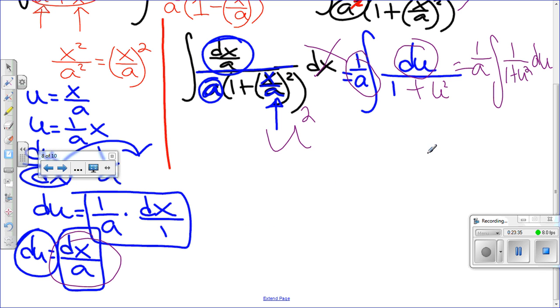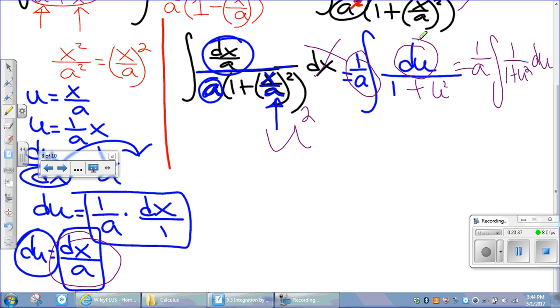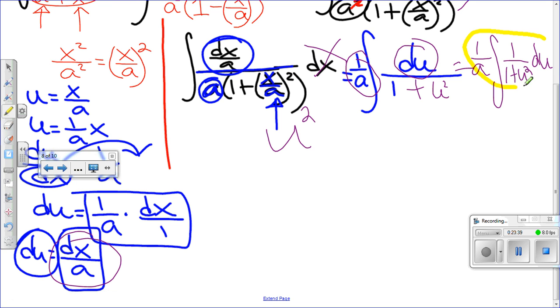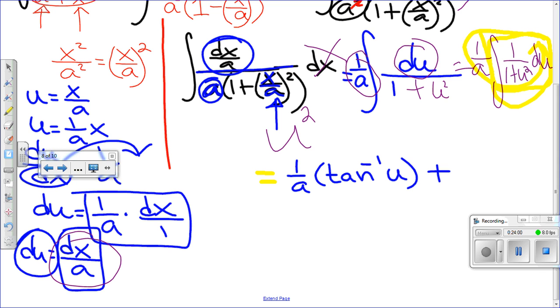That formula is the one that comes for the integral of something that looks like this. So this part right here is actually going to be equal to 1 over a, and then tangent inverse of u plus c.